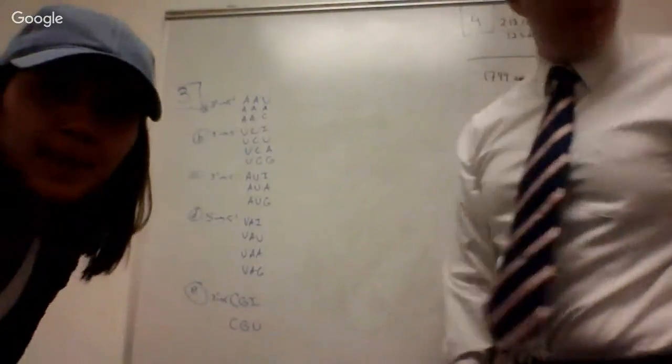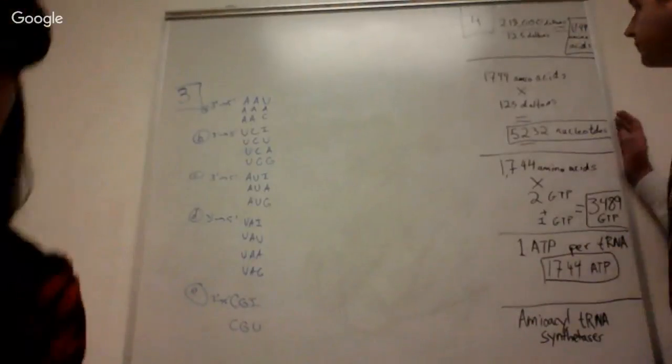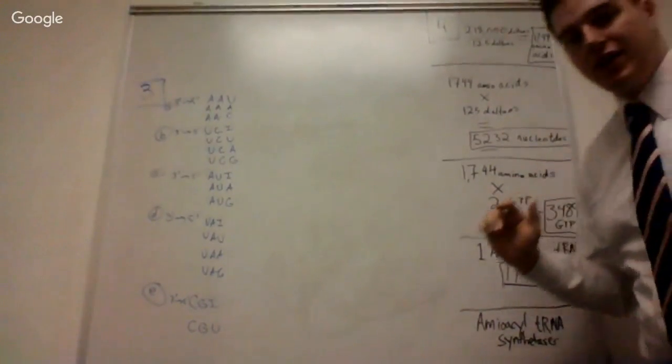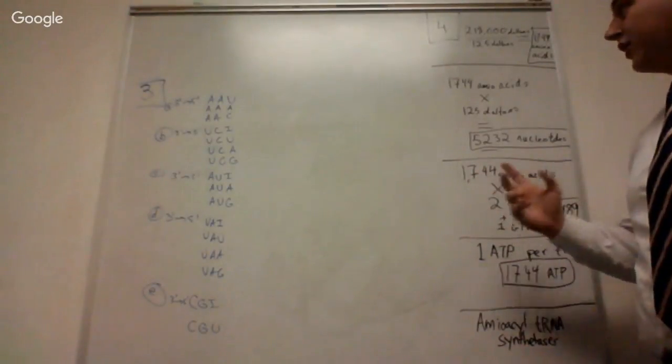Sweet. So the next one was all math-based problems. It gives us the amount of Daltons that the amino acid is, and then asks us to find certain things based off of that.